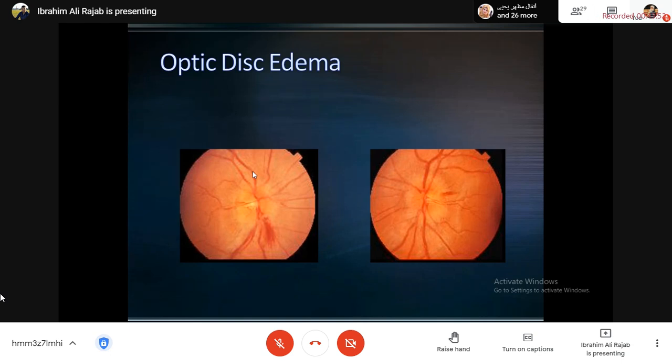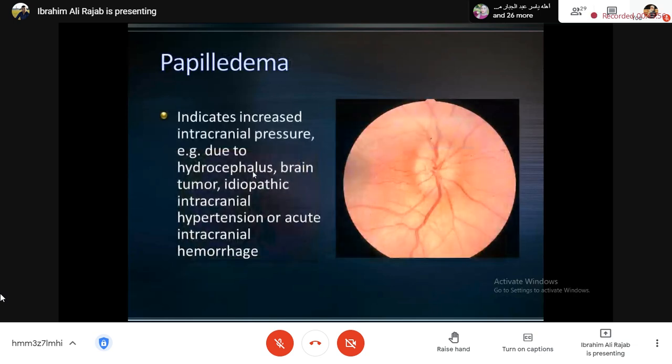So papilledema is disc swelling which is bilateral due to rise of ICP, whether due to a space-occupying lesion or idiopathic intracranial hypertension or so on.